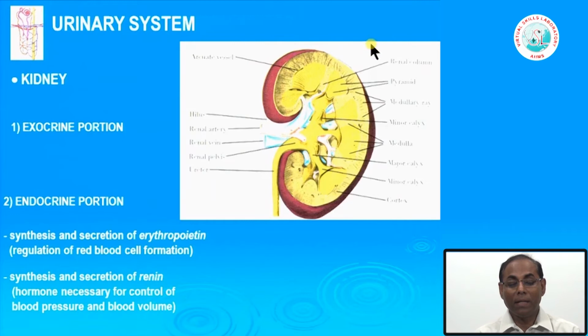Going to the kidney itself, it has an exocrine portion related mainly to its excretory function, and it also has an endocrine function. The most important hormones produced by the kidneys include erythropoietin, which is important for the regulation of red blood cell formation.